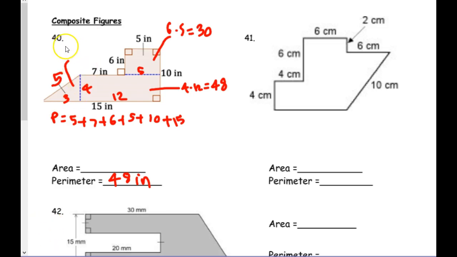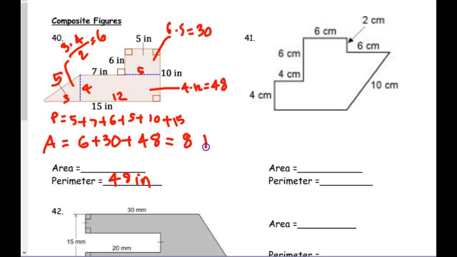Here we go. 3 times 4 divided by 2 equals 6. Okay, so my 3 areas that I just calculated are 6 plus 30 plus 48. And that's going to give me, let's see here, 54, 84, right? Hopefully. Yeah. 84 what? Inches squared.